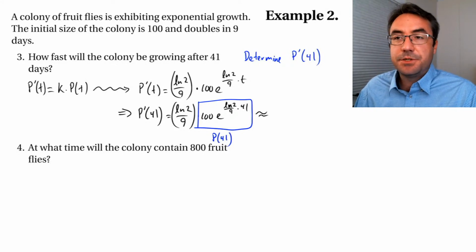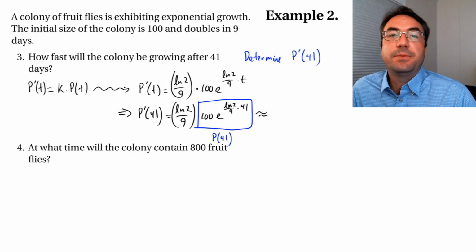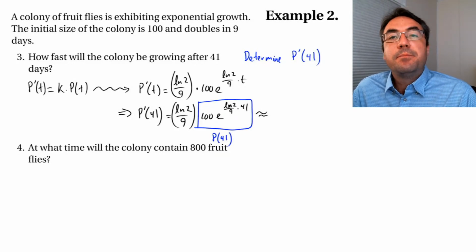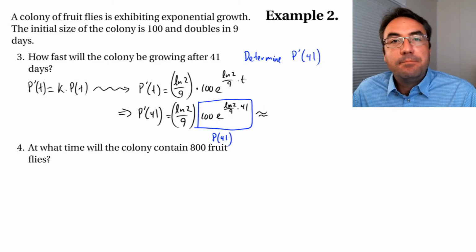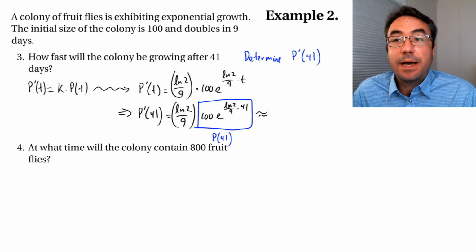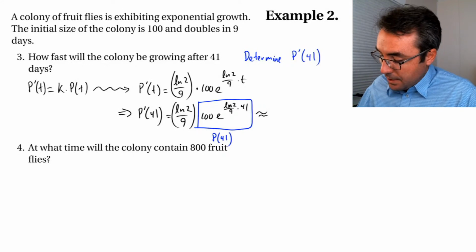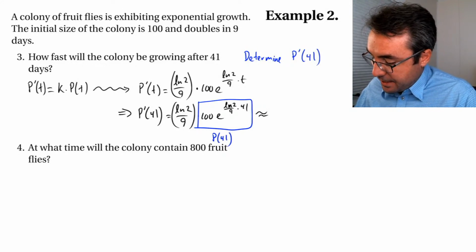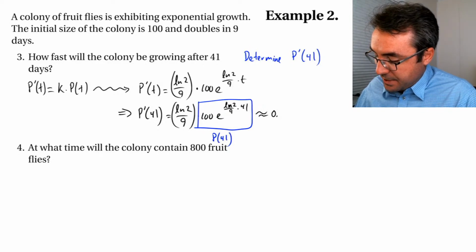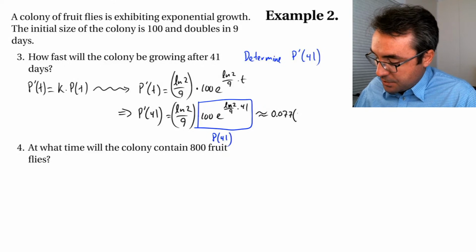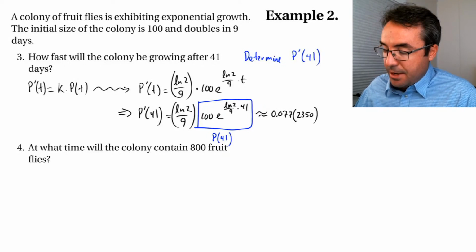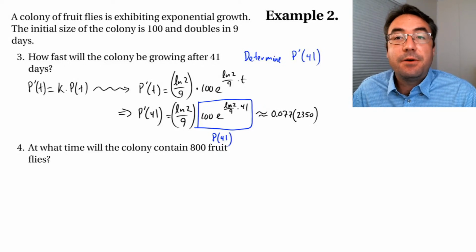So that's perfectly fine. We could leave our answer like that. But if we wanted to provide just a little bit of context, we could plug it into a calculator and get a decimal out. So again, we're just taking our k value, which in this case is approximately 0.077, and multiplying it by the population that we found before at t equals 41.